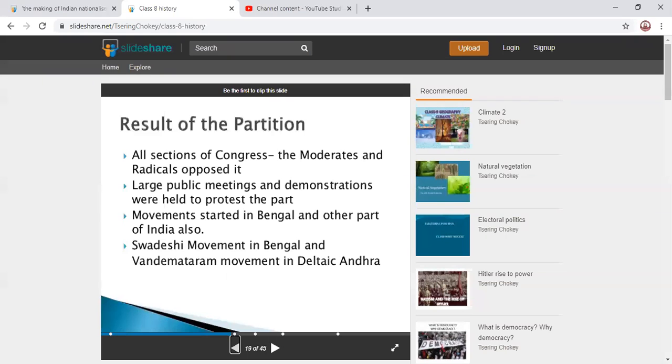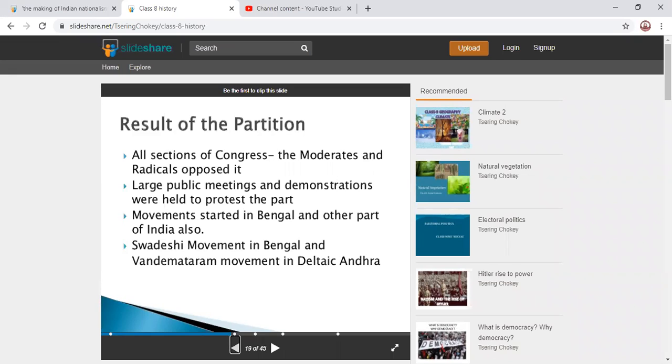They again reunited on a common ideal in 1916, when the Congress held its session in Lucknow. In the 1916 Lucknow session, all the leaders of the moderates and radicals reunited.